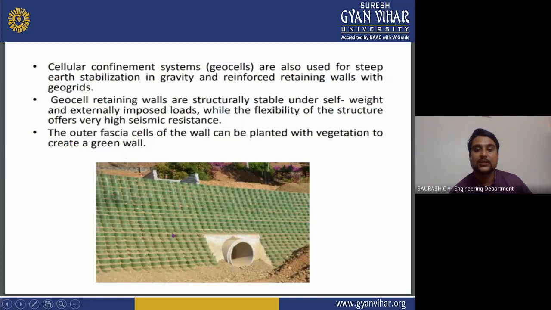As you can see here, there is a green wall. There is also a green wall, and you can also plant some trees and some vegetables which will help the soil in erosion, which will prevent the erosion of the soil due to rain.